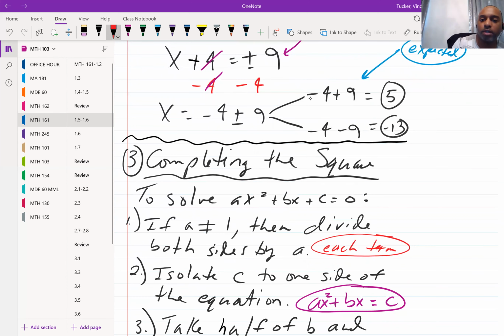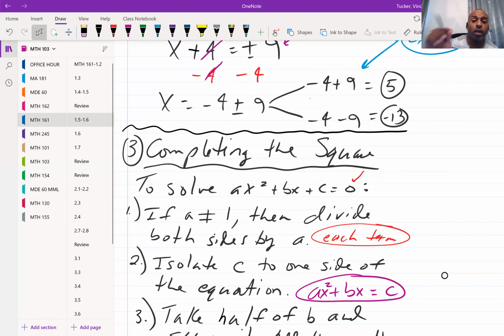So in other words, one side has to be set equal to 0 initially. And when we're referencing A, B, and C, A is the term attached to x squared, B is the term attached to x, and C is your constant that's not attached to a variable at all.